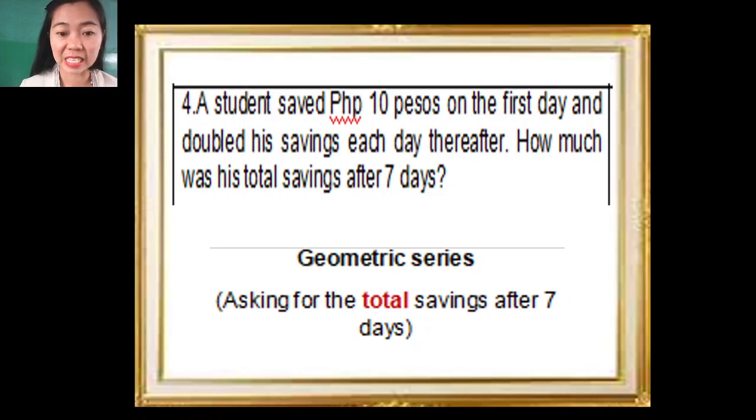So that is a series. Arithmetic if there is a constant number added to the first term in order to obtain the next term. Geometric series if there is a constant number multiplied to the first term in order to obtain the next term. So arithmetic if there is a common difference, geometric if there is a common ratio.